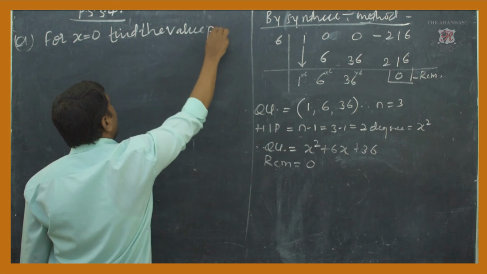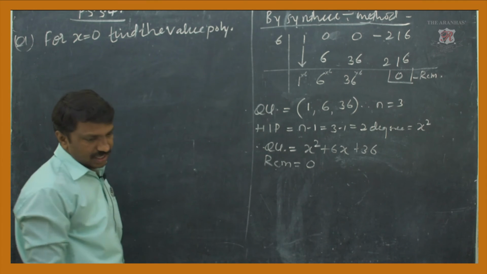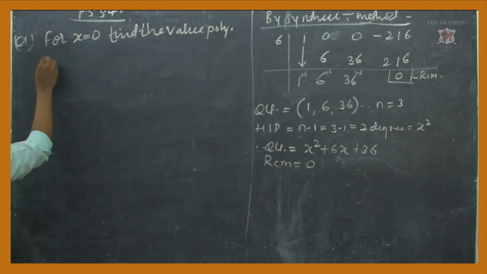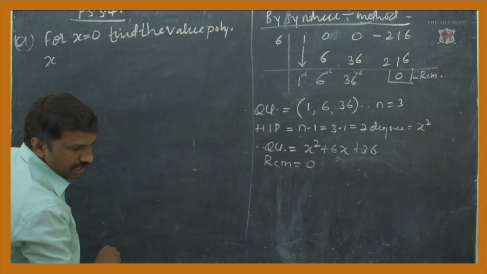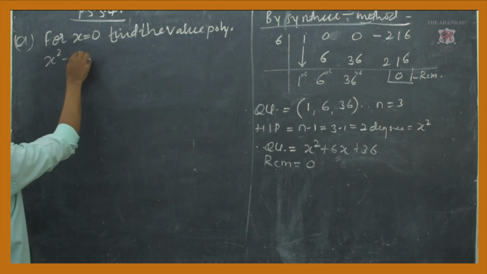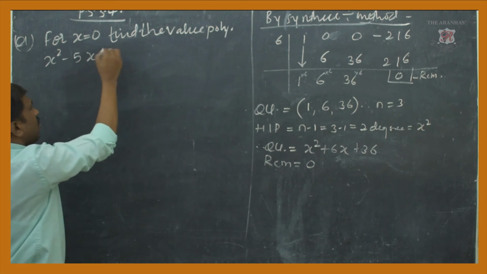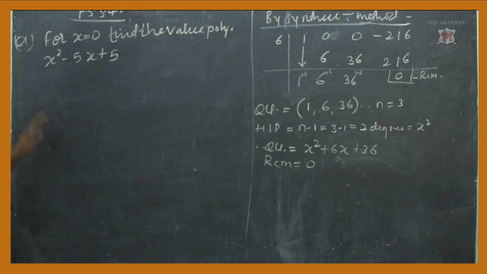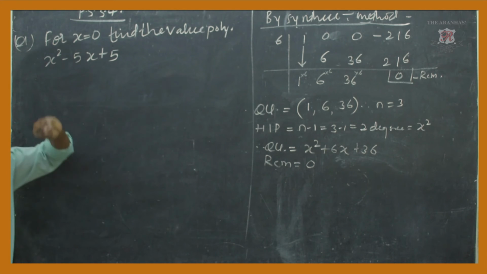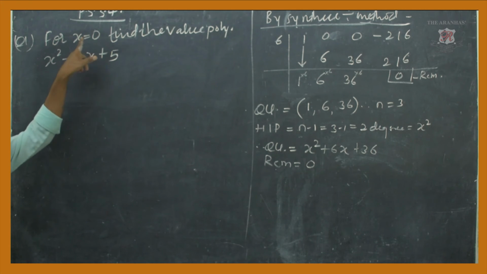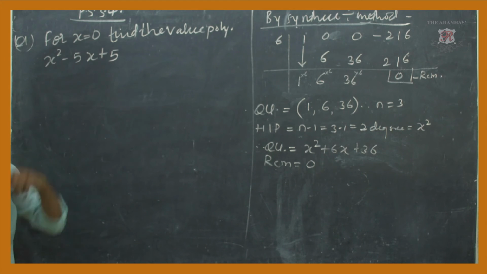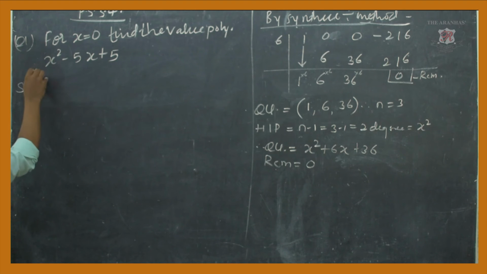The polynomial is also given, it's x raised to 2 minus 5x plus 5. In this polynomial you have to find the value of the polynomial with the x value considered as 0. How to solve it? It's a simple 1 mark question.